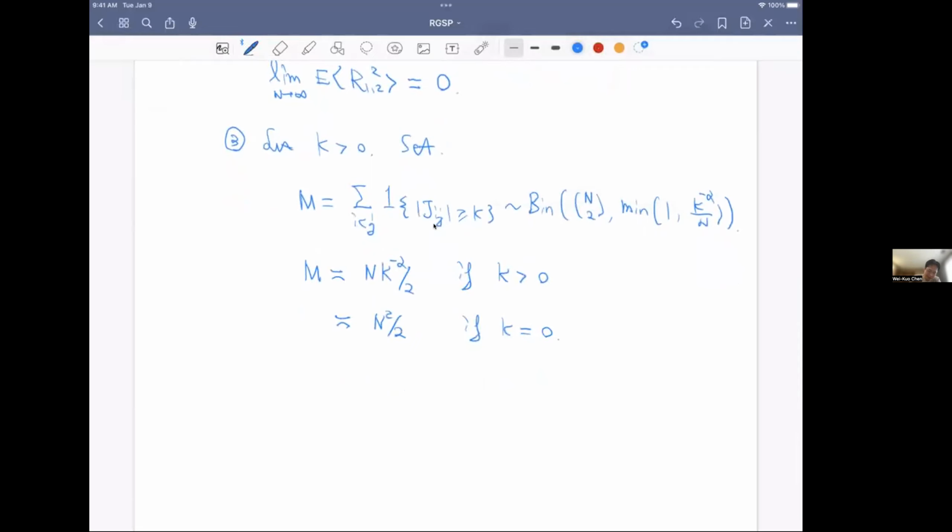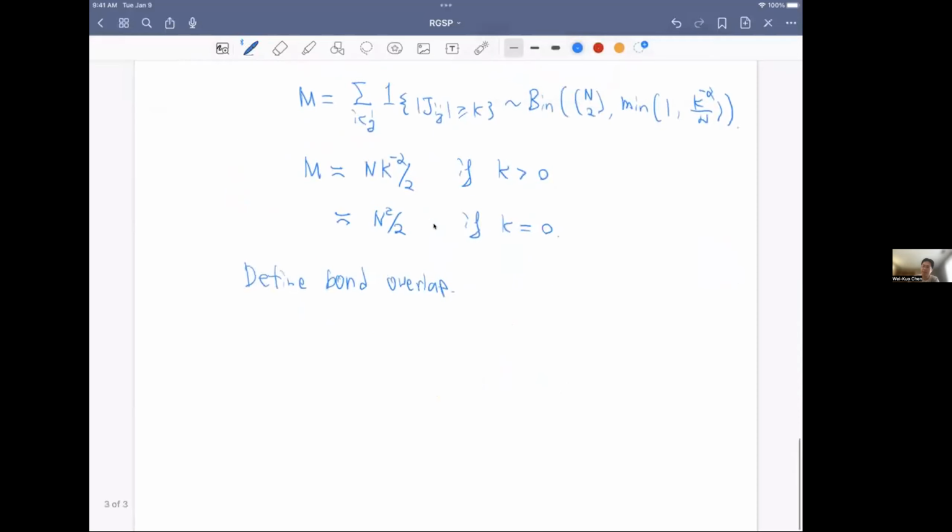All right, and now I'm going to define the bound overlap. The bound overlap is this. So this is Q12, and there's a normalization, and sum over all pairs ij, and put an indicator that Jij is bigger than or equal to k, right?